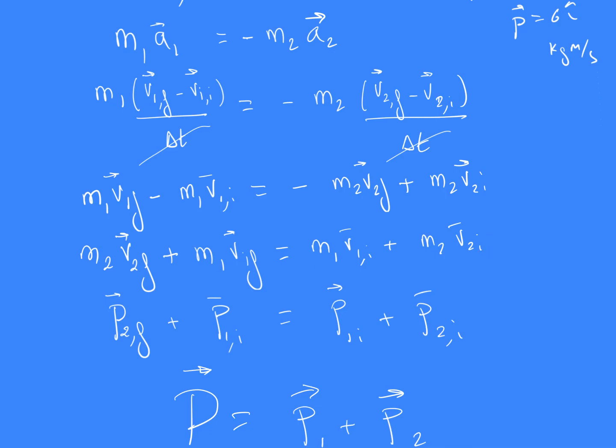So in terms of momentum, the initial momentum of particle 1 plus the initial momentum of particle 2, as two vectors, is equal to the sum of the final momentum of particle 1, P1 final, plus the final momentum of particle 2, P2 final.